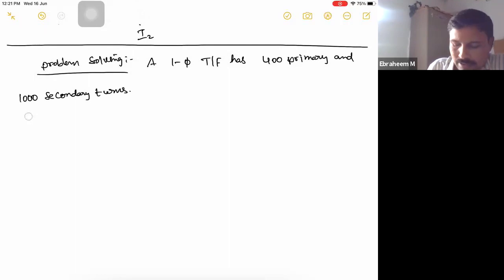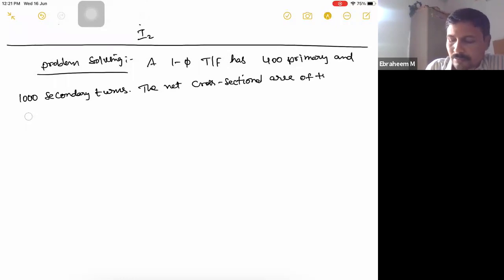The net cross sectional area of the core is 60 centimeters square.